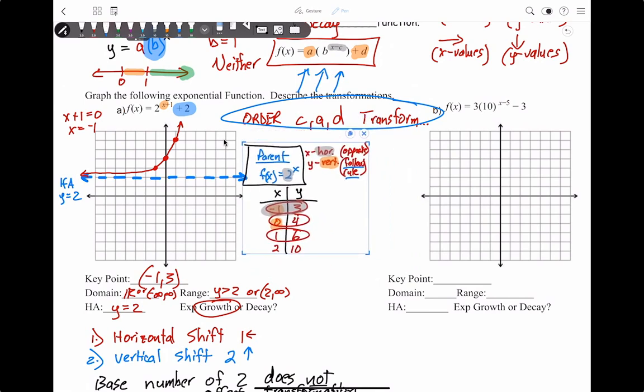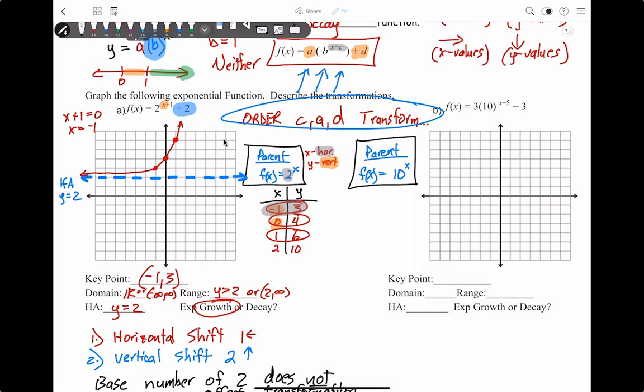And the parent that we're going to see here is, in fact, f of x is equal to, the base is 10 to the power of x. This is our parent function interpretation that we're looking at in the equation given in part B. Okay, so that's our parent right there.